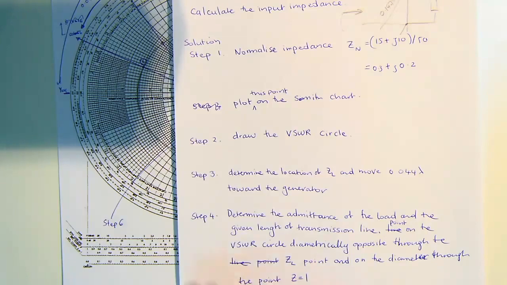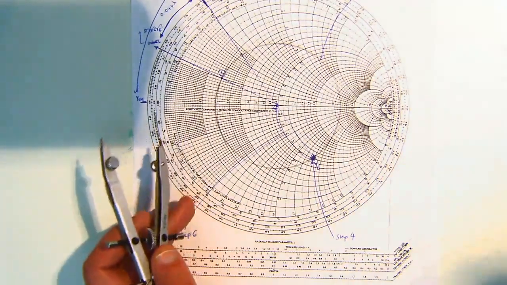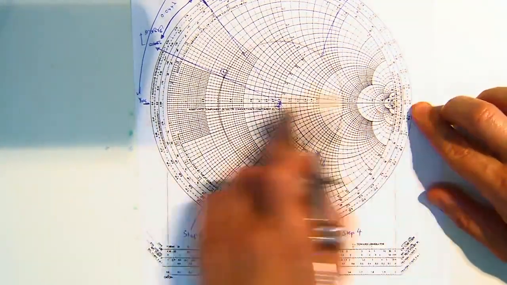How do I do that? Using the Smith chart. Well, what do we know about an open circuit line of zero length? What's its admittance? Zero, because its impedance is infinite, right? So if I was infinite and I'm flipping around, I'll go to zero.